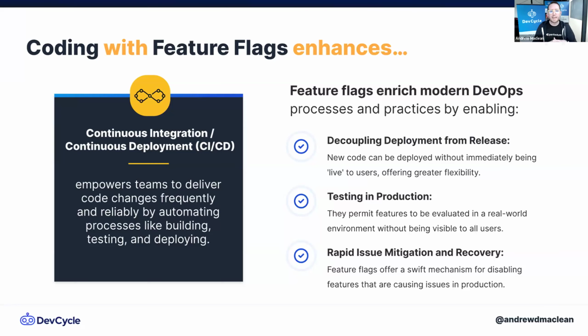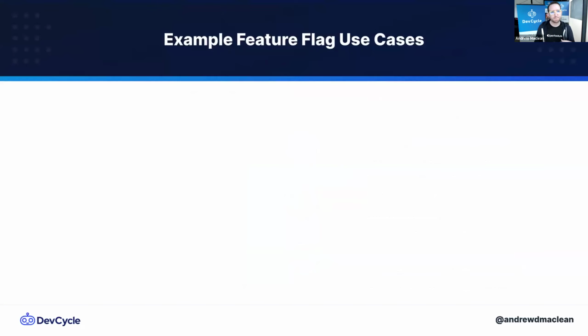With a feature flag, it's as easy as going to your feature flag management platform or going wherever that configuration is stored, toggling off that feature, and it is going to be off for everybody. So great ways that feature flags enhance that development process, and specifically a lot of these DevOps processes focused around this idea of CI/CD and really focusing on productivity.